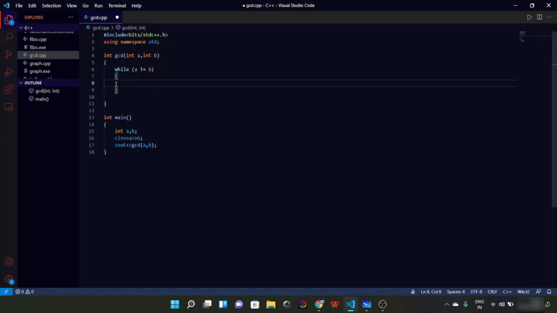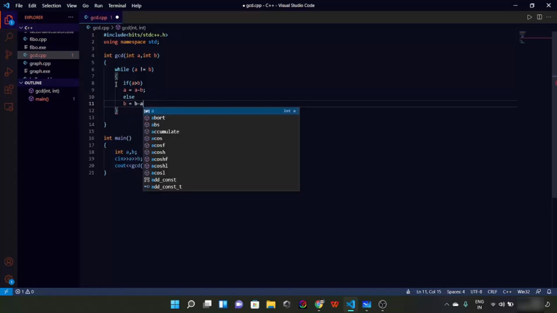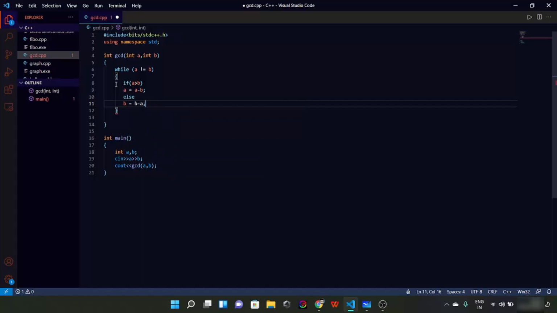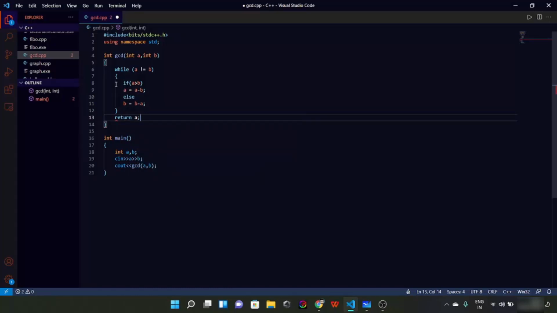Now we'll check if A is greater than B, then subtract B from A. Else B would be greater than A, then we are going to subtract A from B, right? Now we are going to return A. You can also return B because both are going to be the same, right? Hence this would be the code.